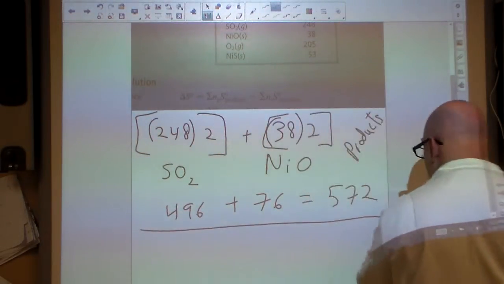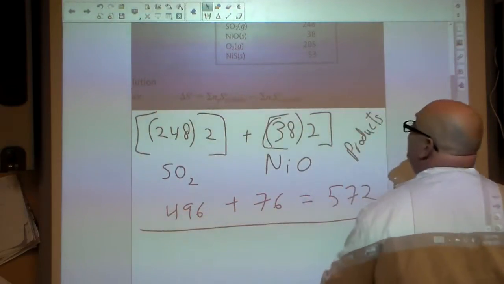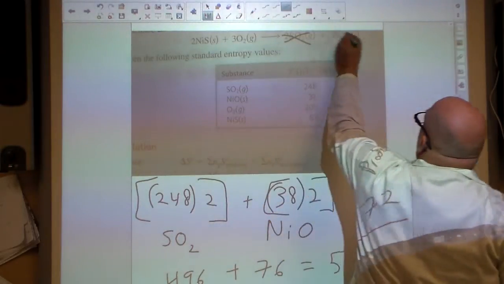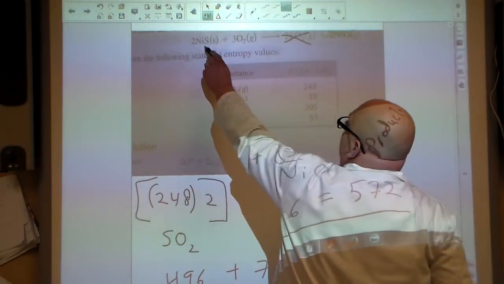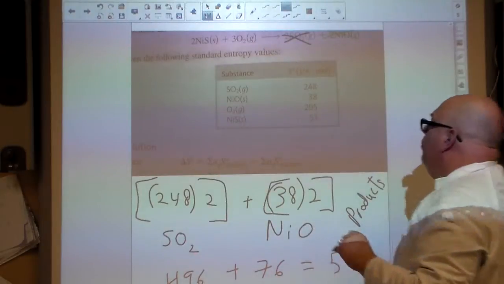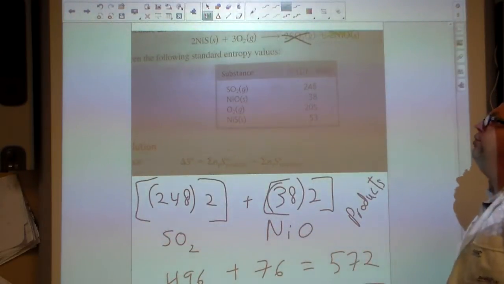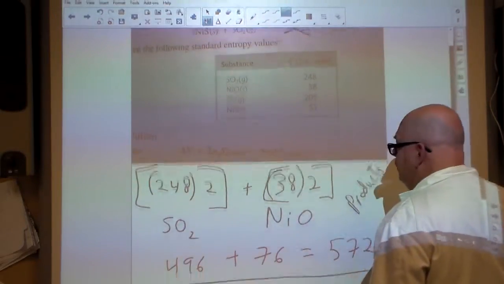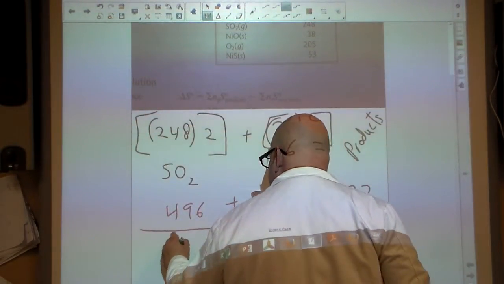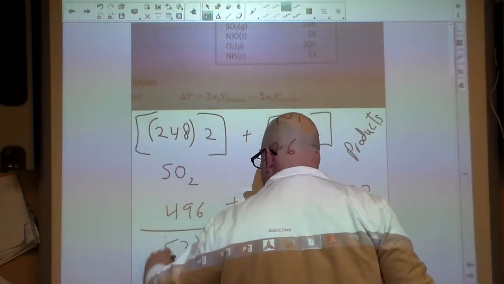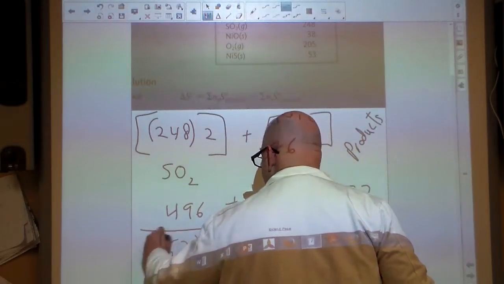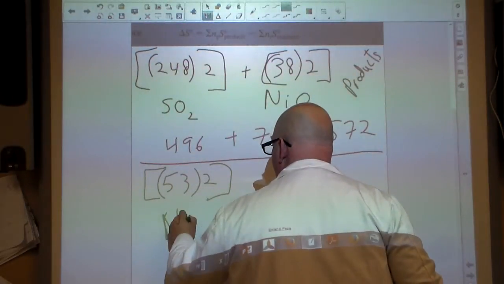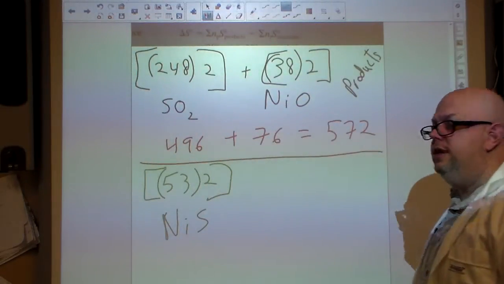Now let's look at the other side of the coin. We need to look at our reactants. We look at the NiS and the 3O2. The NiS has a value of 53, but it is 2 NiS, so that's going to be 53 multiplied by 2, and that is our NiS, the other side of the equation.